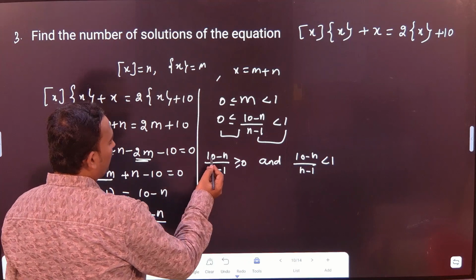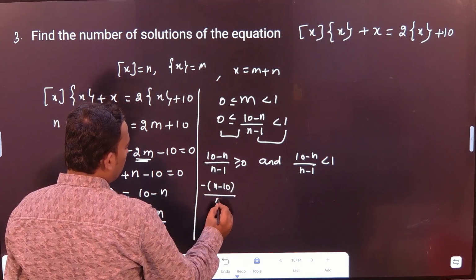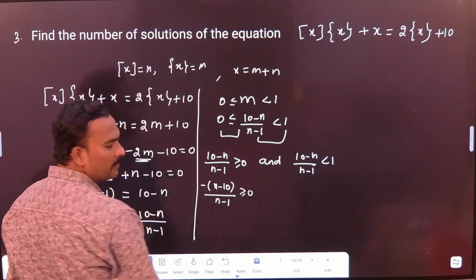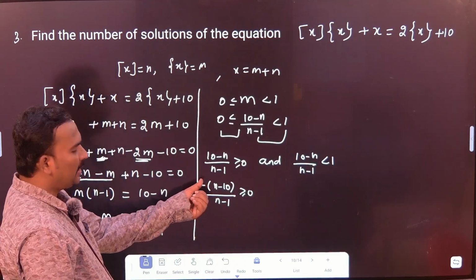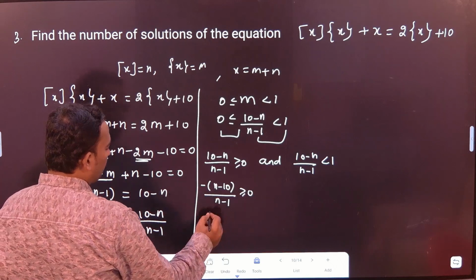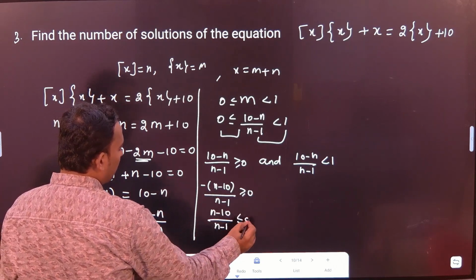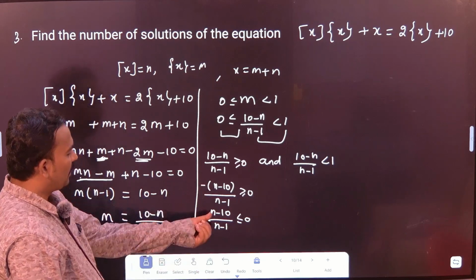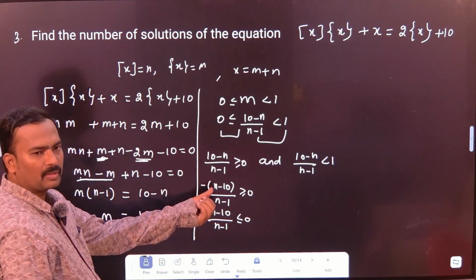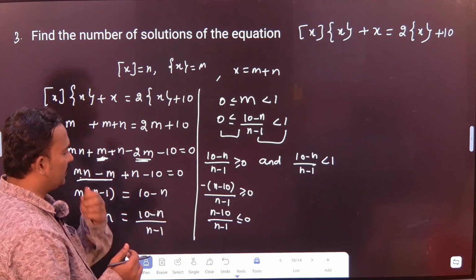If I take minus out, what will we get? n minus 10 divided by n minus 1 is less than or equal to 0. Clear? We need to remove the negative 1, so you have to multiply by negative 1. Clear? So the inequality will be changed, right? Okay.